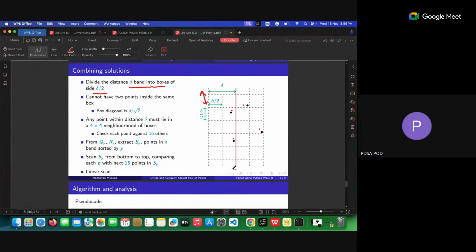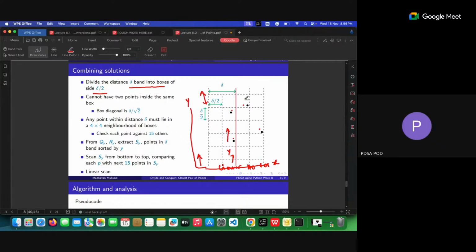This is called linear scanning. Linear scanning is always bottom to top. So when we do linear scanning bottom to top, we check the y coordinate only. This is the y axis, this is the x axis, and on the x axis they are the same.